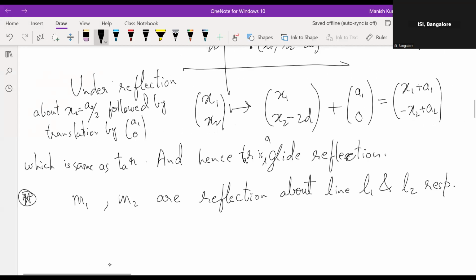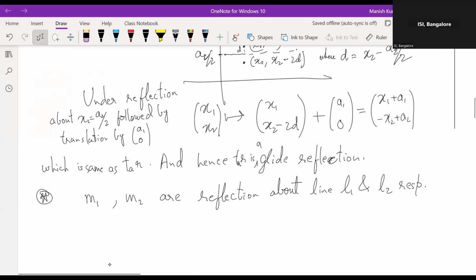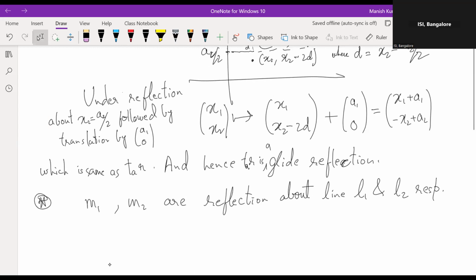If I consider M1 composed with M2, what kind of isometry is M1 composed with M2?